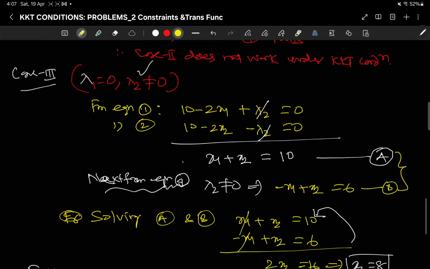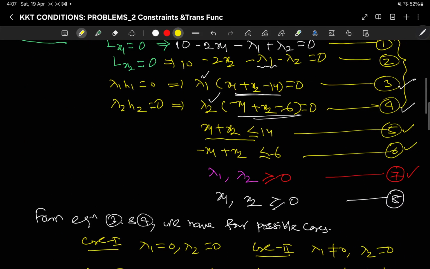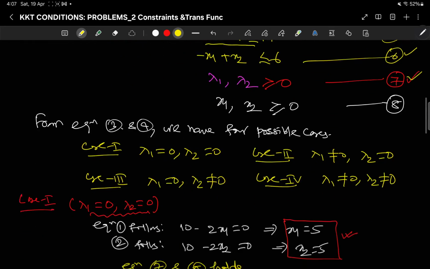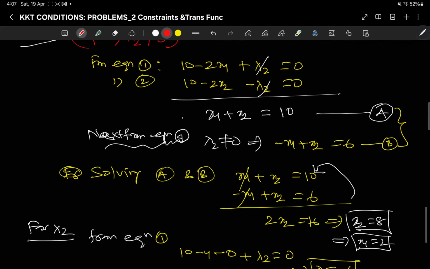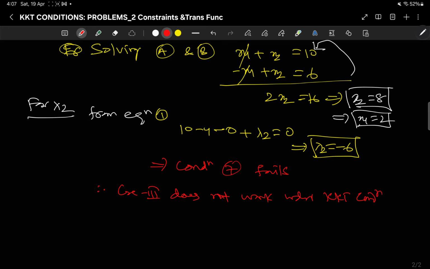You see here condition 7 fails, because we need it positive. So condition 7 fails here. Therefore case 3 doesn't work under the KKT conditions.